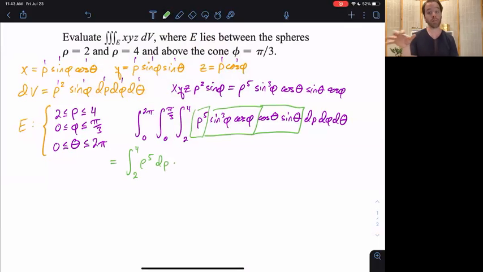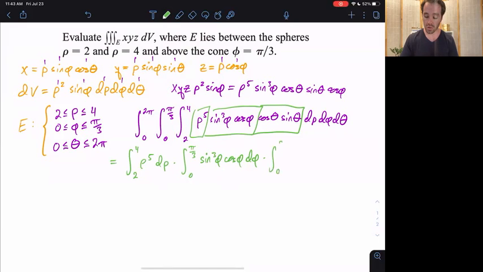And then because the other things were constants as far as this was concerned, now we can multiply by the integral along phi from 0 to pi over 3 of sine cubed phi times cosine phi d phi. And because from the point of view of both rho and phi, theta is constant, now we can also multiply by the integral along theta from 0 to 2 pi of cosine theta sine theta d theta.